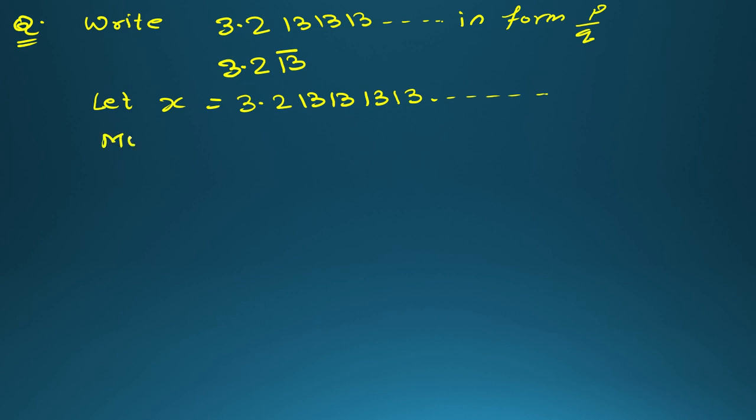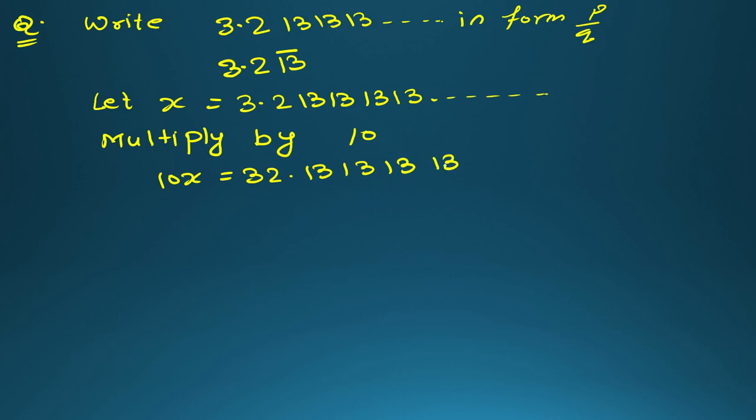So just multiply by 10, because only one digit is not repeating. So it will be 10x is equal to 32.13131313 and so on.